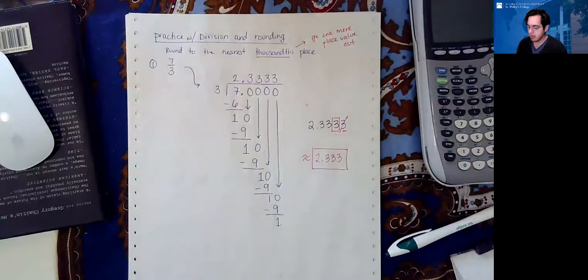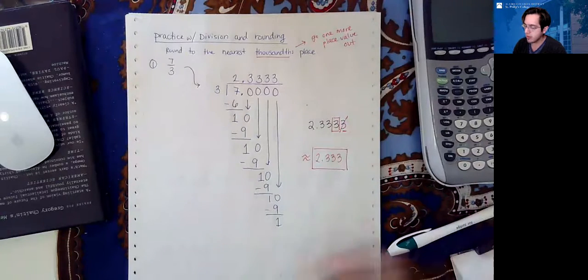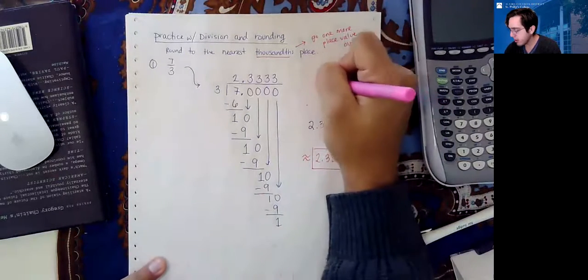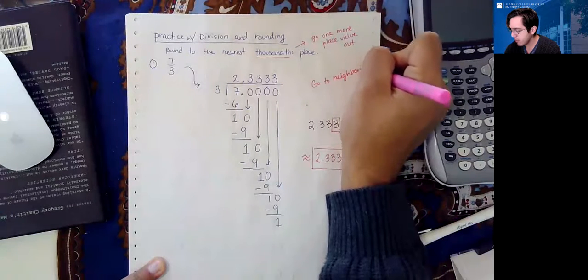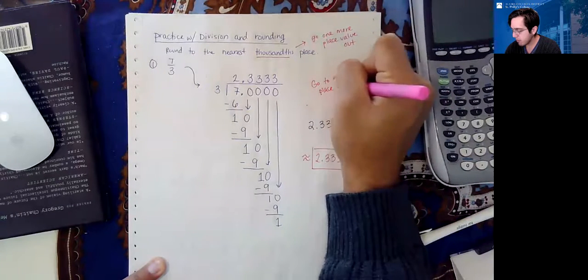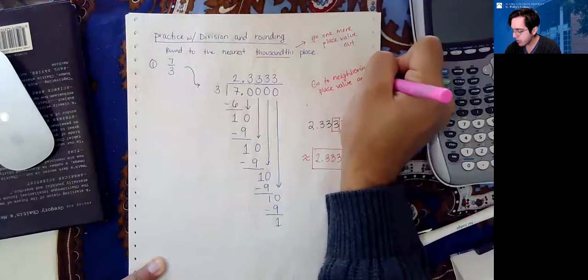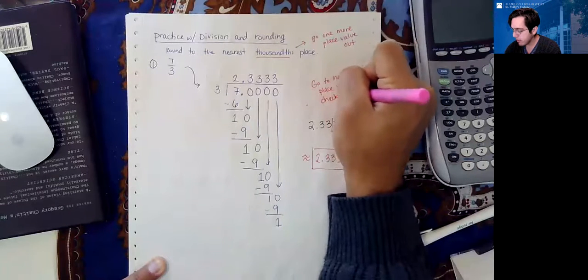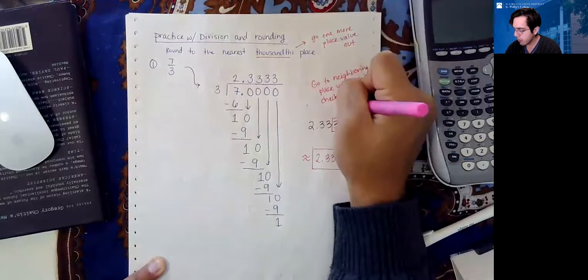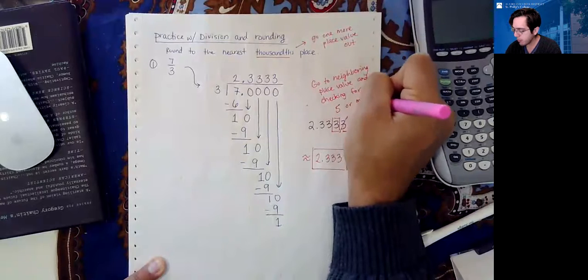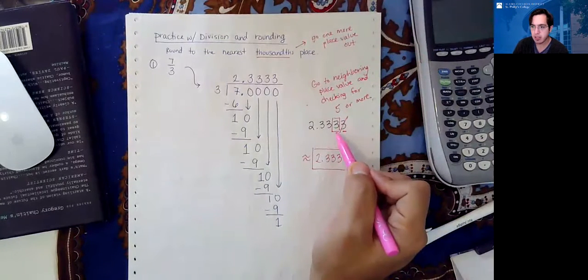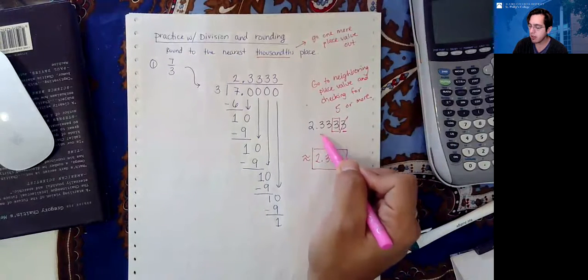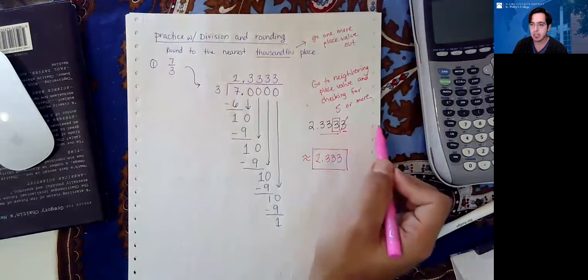So the trick here is that we want to go to the neighboring place value, and we're essentially checking for a 5 or more. If they have 5 or more, we can bump up our place value of interest. If it is 4 or below, we just leave this alone and ignore the rest of the place values.